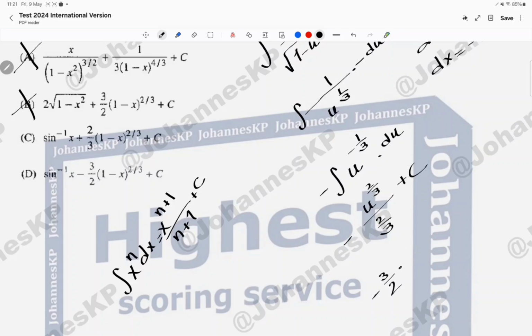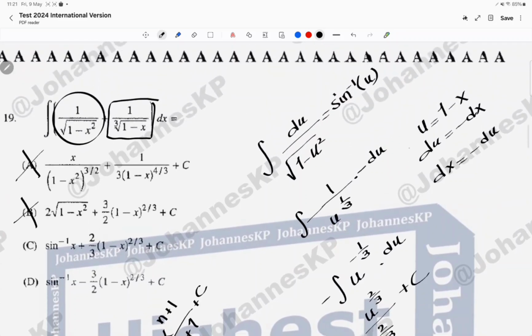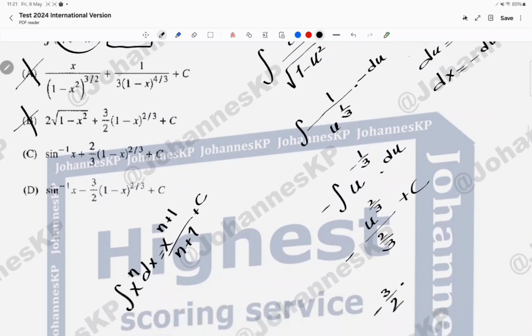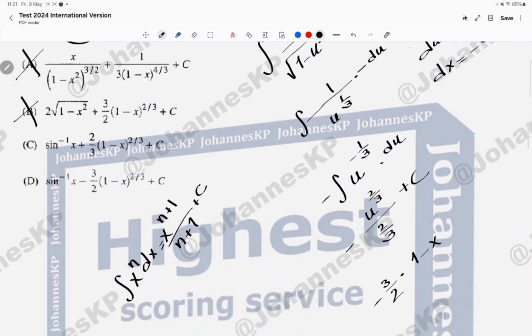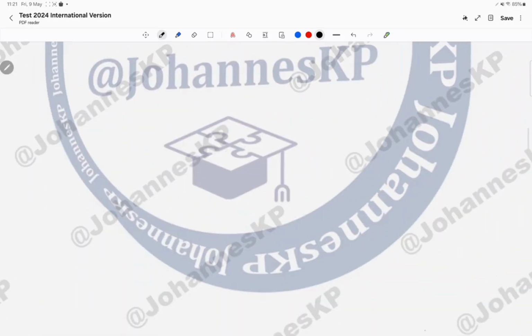Instead of the u, bring back the 1 minus x. The 2 over 3 means 2 on the inside and the cube root on the outside, plus c. And I think right now we can tell it is going to be choice D, correct? Yes.